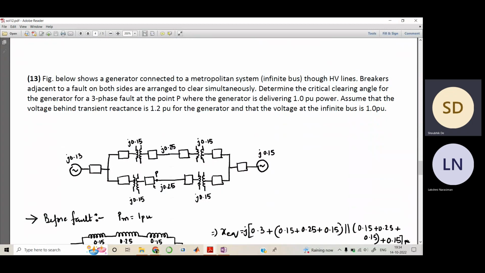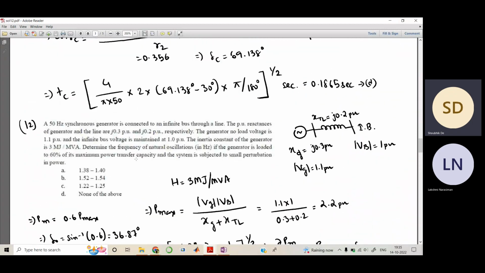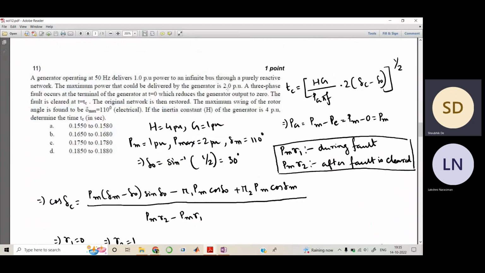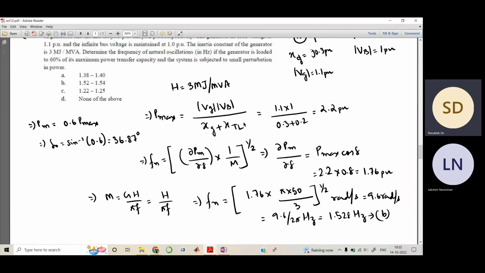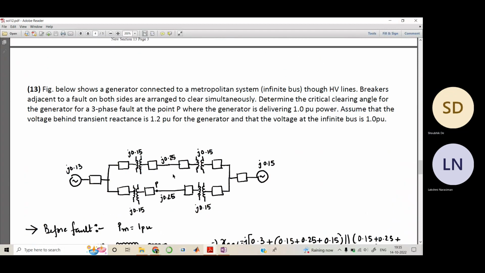Now clearly you can see that for this type of system, when the fault is occurring here, there will be a power transfer through this line. In question number 11 we clearly saw that the generator output is reducing to 0, but in question number 13 this won't be the case, because there is a path for current to flow through this line.